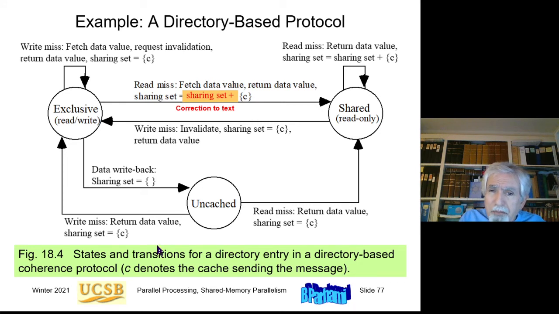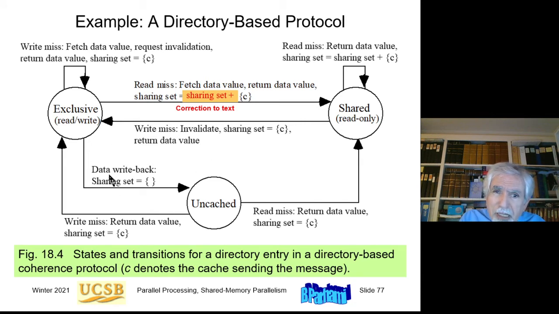So if there's a read miss by any processor, the memory is accessed, and this uncached piece of data is returned, but the sharing set now becomes C. In other words, there's one cache now that shares that data, and the data becomes read-only. Okay, it's shared.